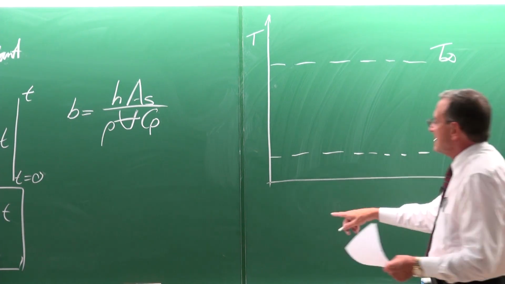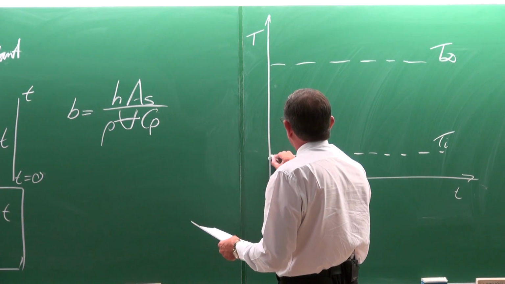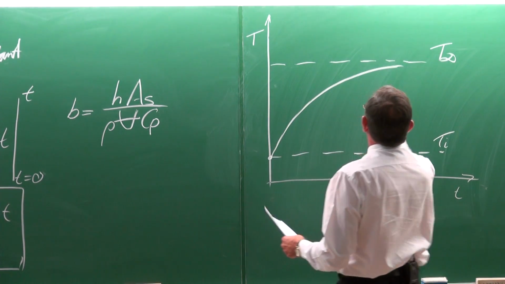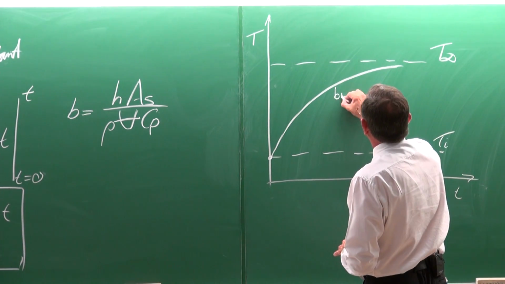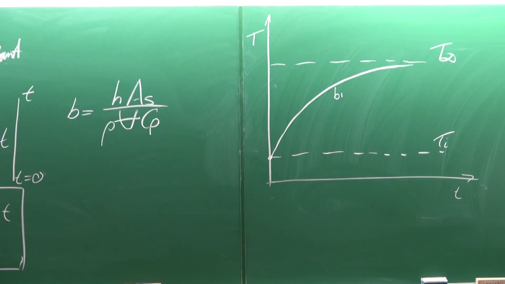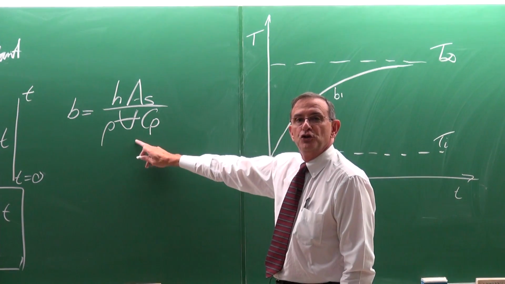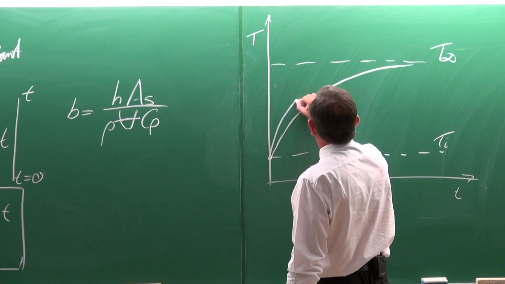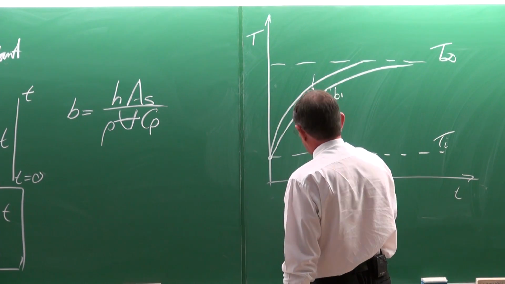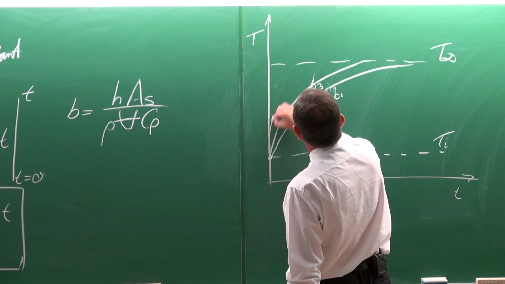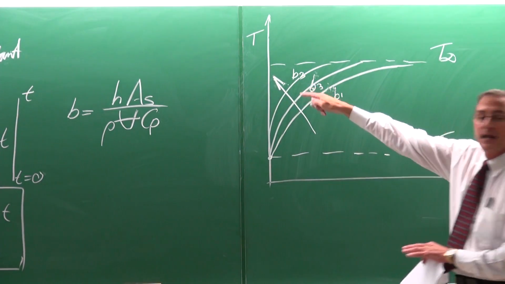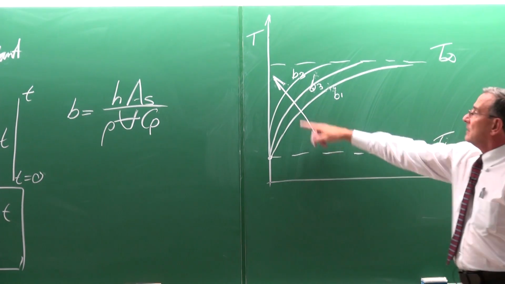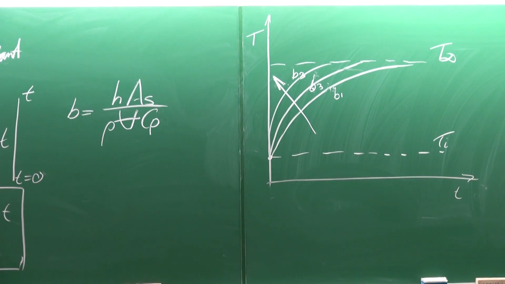So at t equals 0, the temperature is equal to that, and then you're going to get a solution for that with a specific value of B1 specifically looking like that. And if B2 becomes larger, then the solution would do that. That is B2, and then B3. So in general, as B increases, we'll get that type of result.